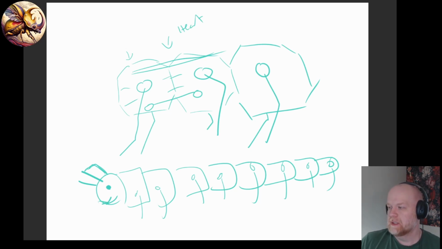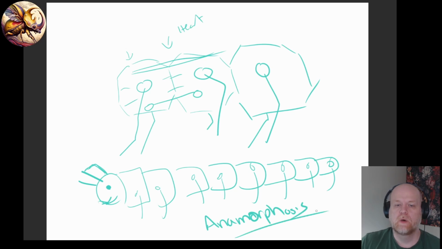Additionally, they go through a process of not metamorphosis, but a process called anamorphosis. In metamorphosis, which many of the insects go through, or they all go through some level of metamorphosis, it's either hetero or holo metabolous.